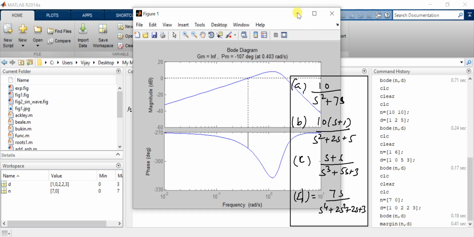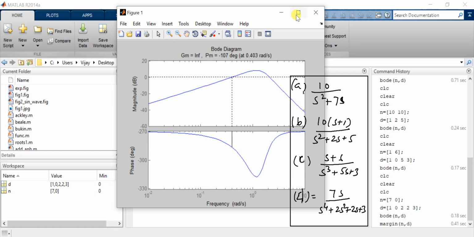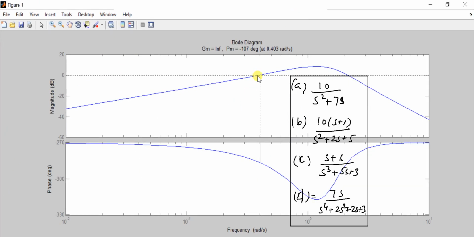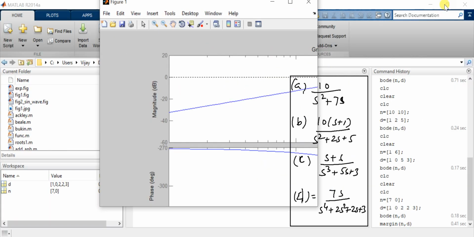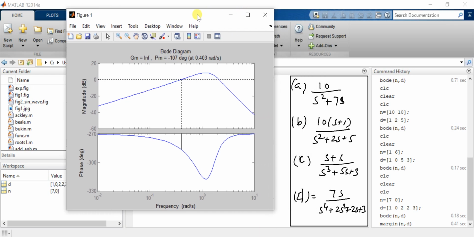So when you see that, this is the point where there is a gain margin at a particular phase crossover frequency.